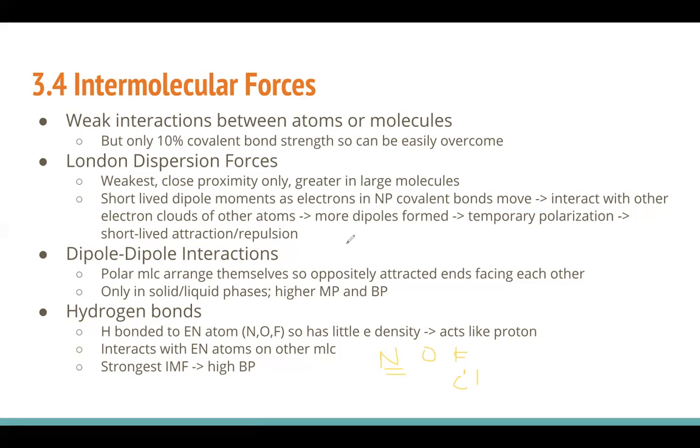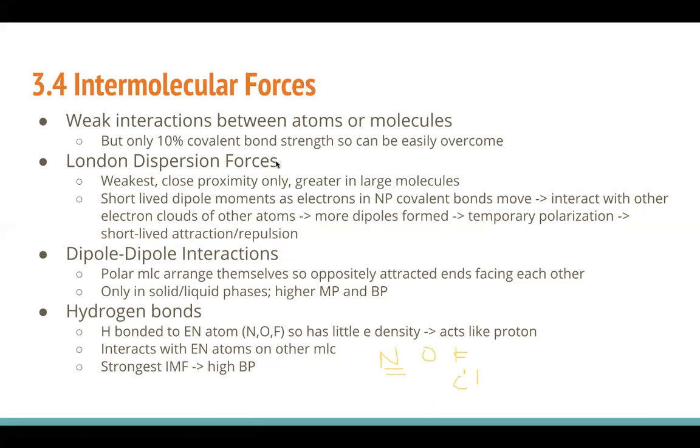Just remember that chlorine, here in the halogens, has more protons, and so it has more attractive force. The more protons an element has, the more electronegative it is. But electronegativity is really the most important for these elements here.